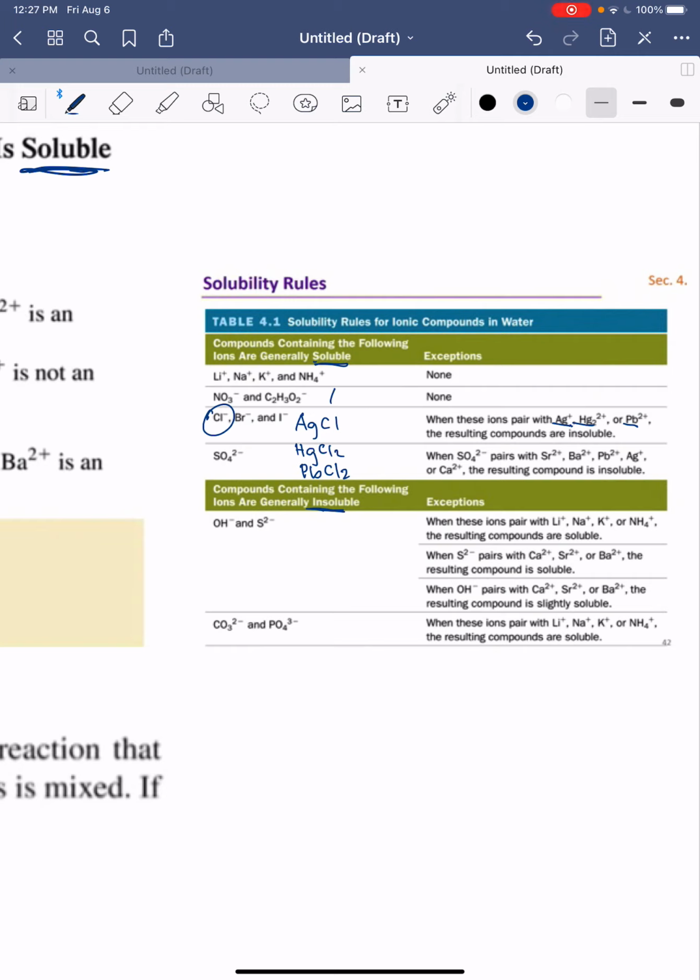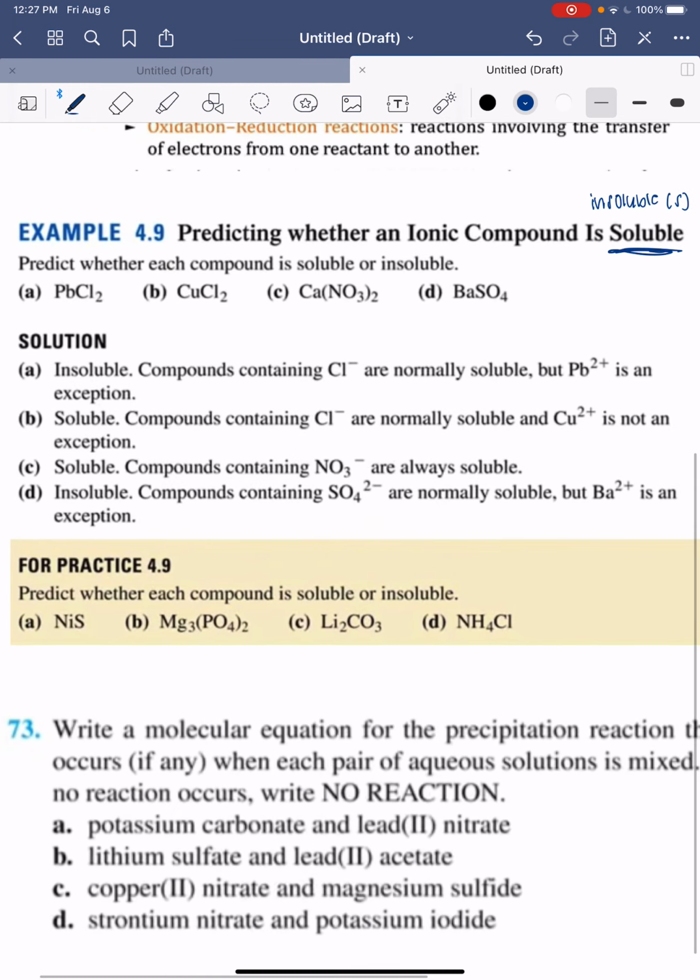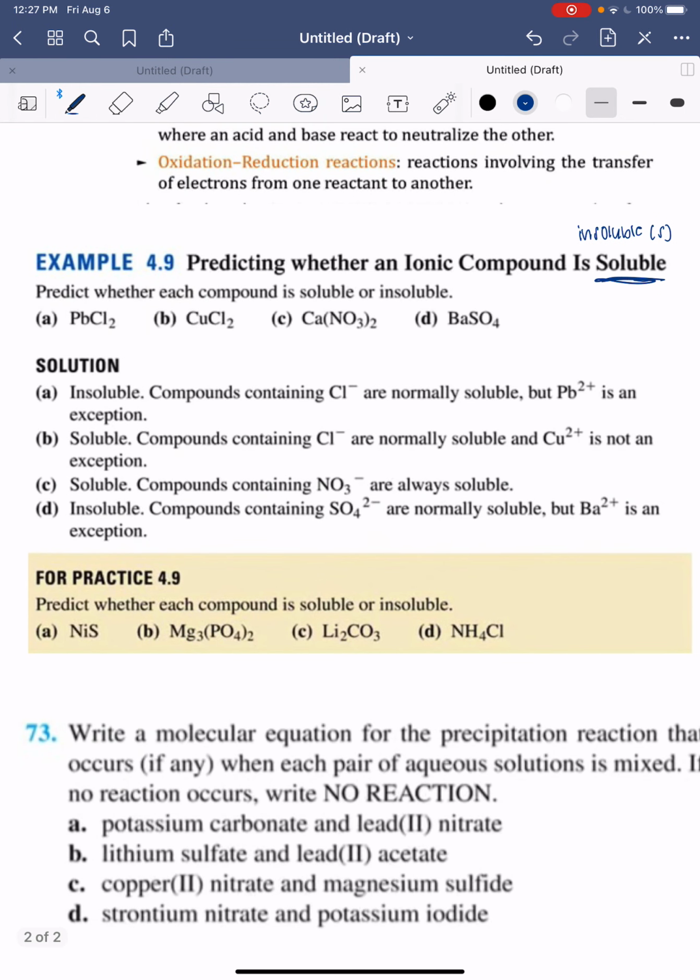If we see sodium chloride, this is going to be soluble because it's not listed there. So, the answer explains that it's insoluble because compounds containing Cl- are normally soluble, but lead 2+ is an exception along with mercury and silver.